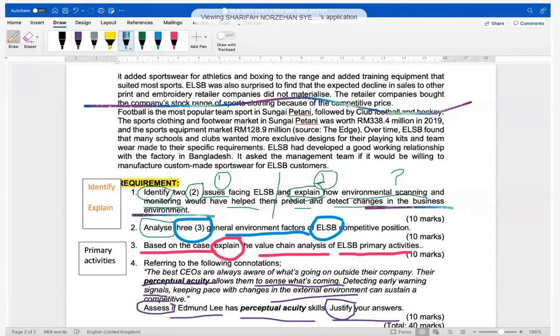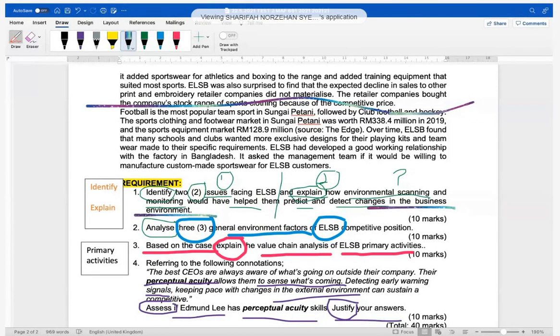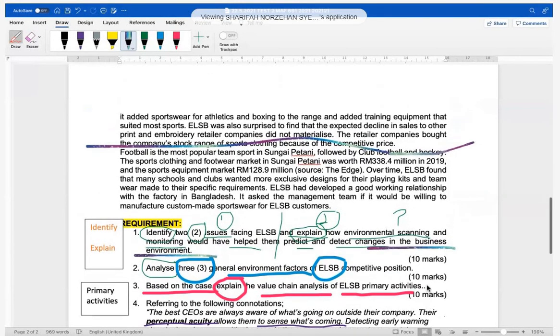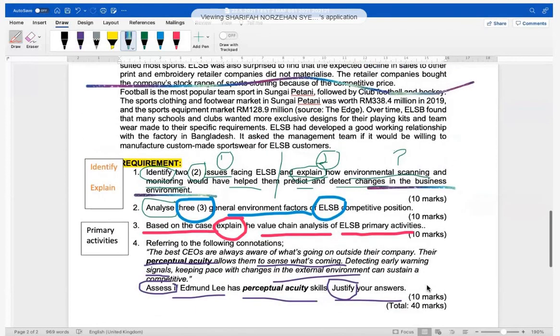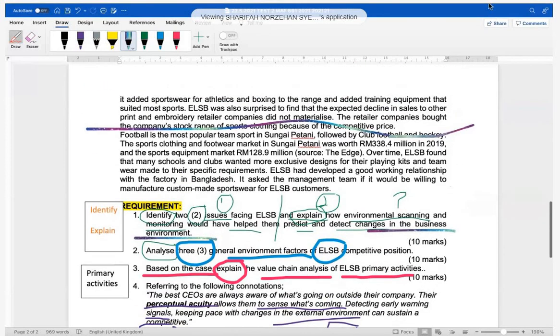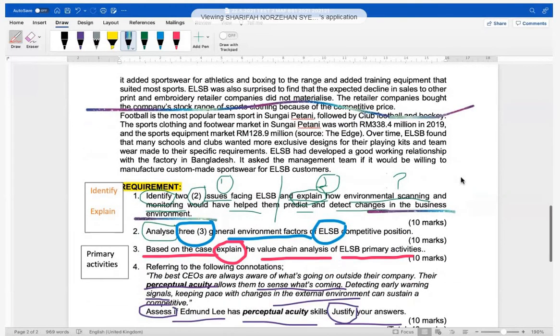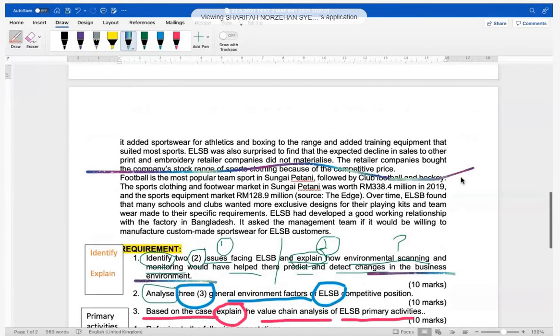Any question? Madam, just a moment. On the issue, can the corporate wear saturated market be an issue? Yes, you can. Oh, okay. Thank you, madam. There are many issues in here. It's not only the two that you are supposed to be identifying. There are several issues inside here.